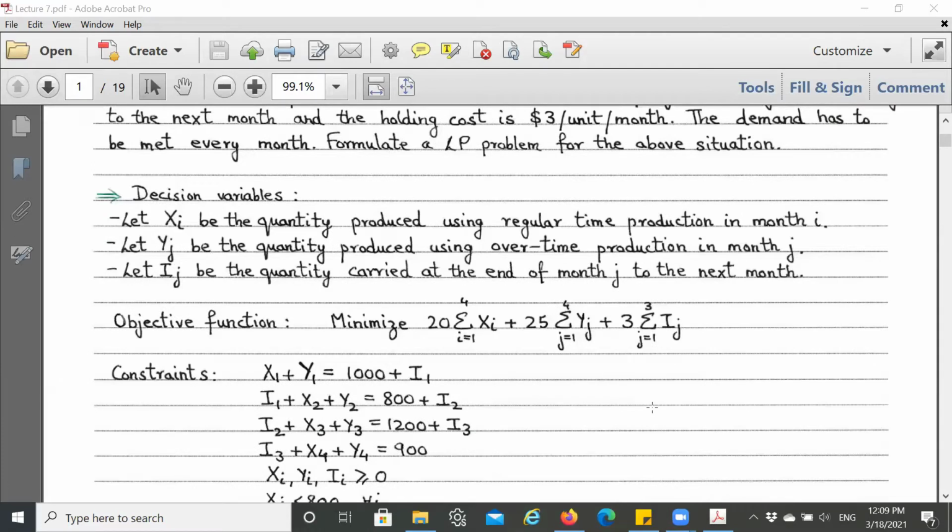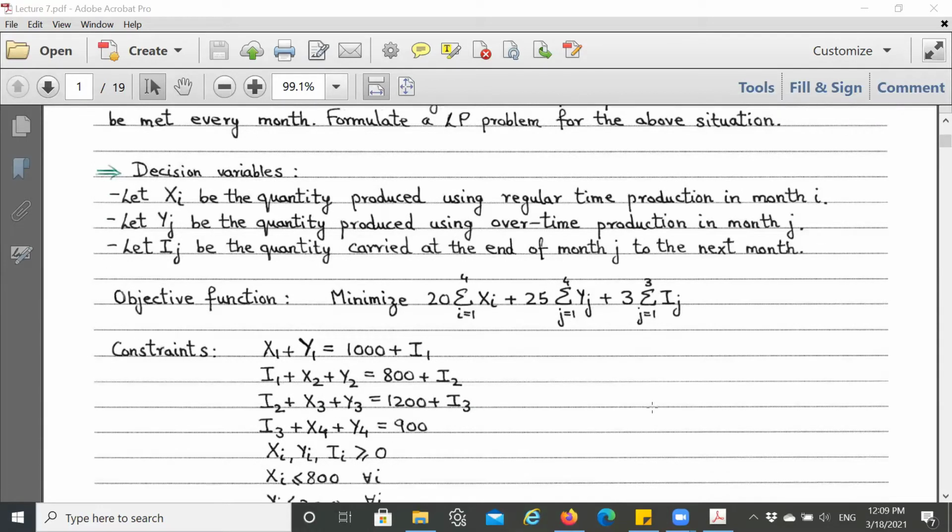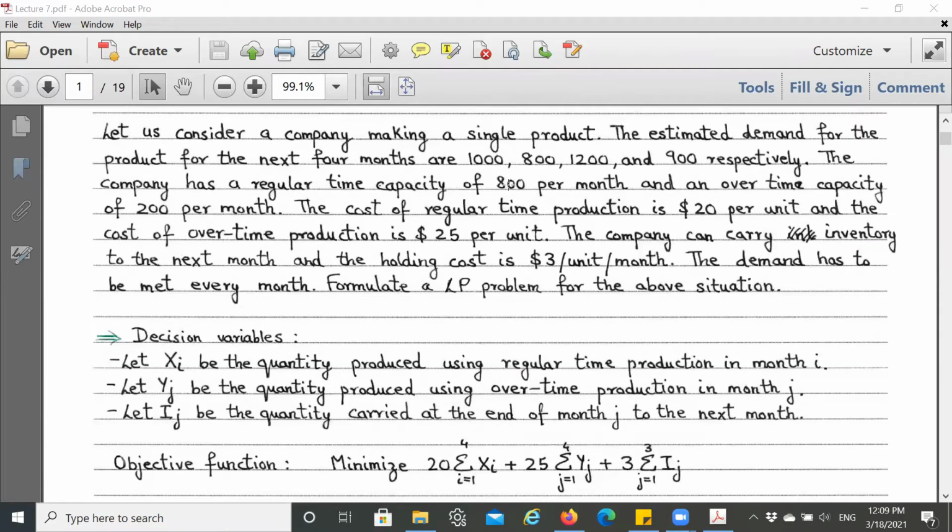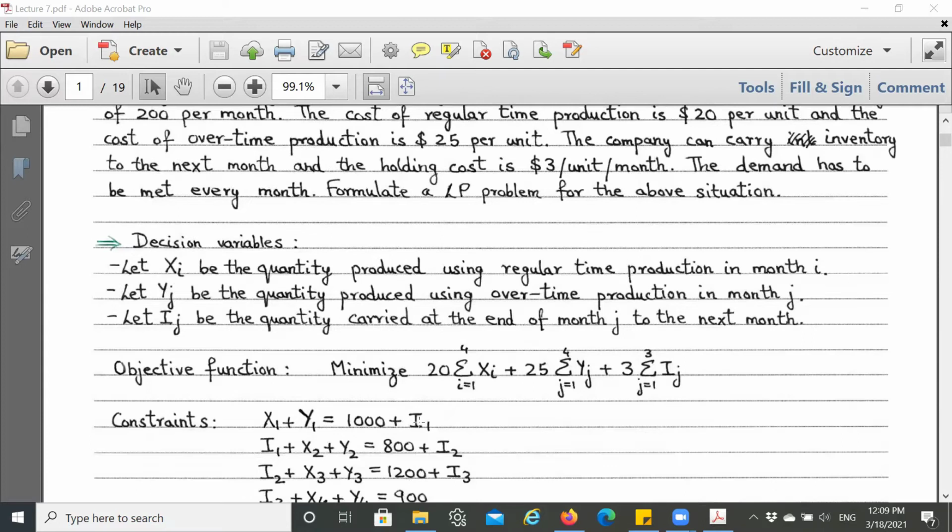And now let's look at the constraints. The constraints over here are very interesting. What it says is the amount you produce in regular time, which is X1, plus the amount that you produce in overtime should be equal to 1,000, which is the requirement for the first month, plus I1, the amount that you would move over to the next month.